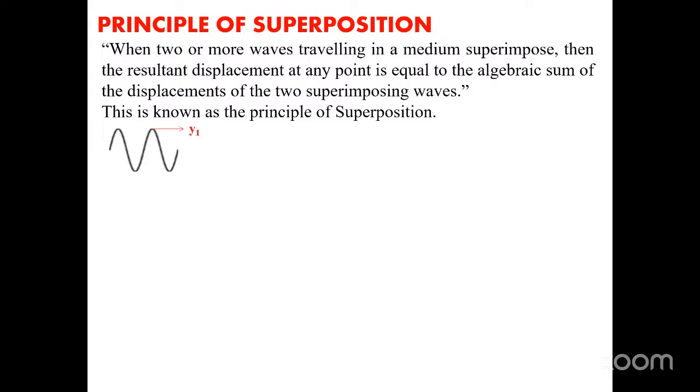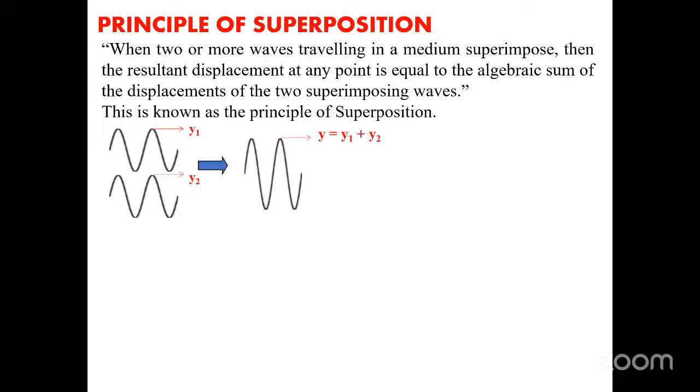Suppose the displacement of the first wave is y1 and the displacement of the other wave is y2. What is the total displacement of these two waves? y equals y1 plus y2. You can easily observe that the amplitudes are maximum.